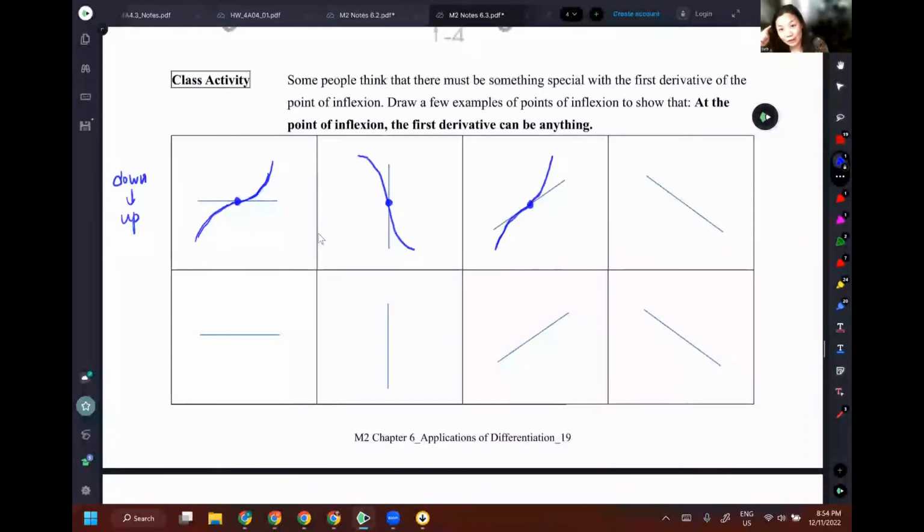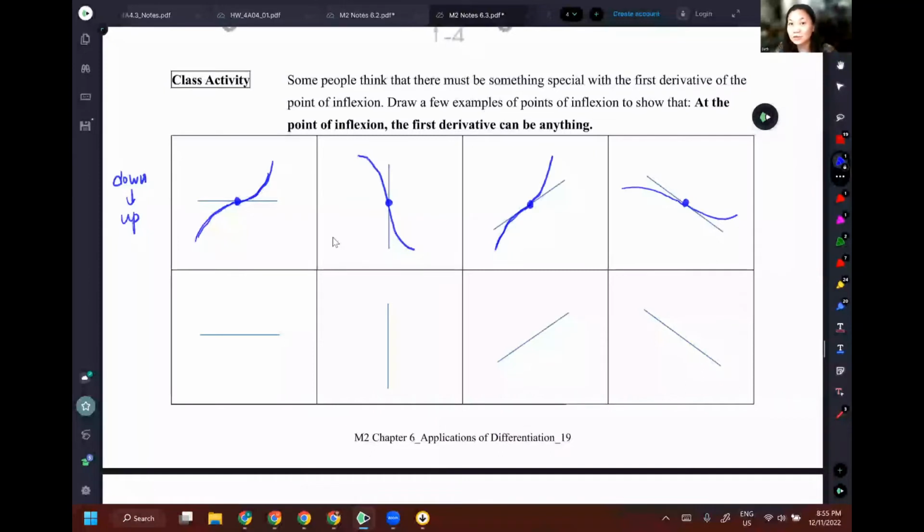Concave down, and then up. And then the last one. Down and up. How do I do that? There is a change of concavity at every single one of these points.